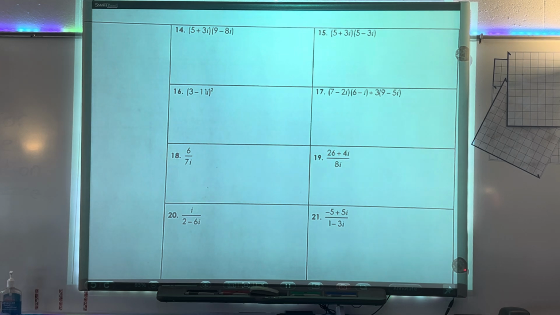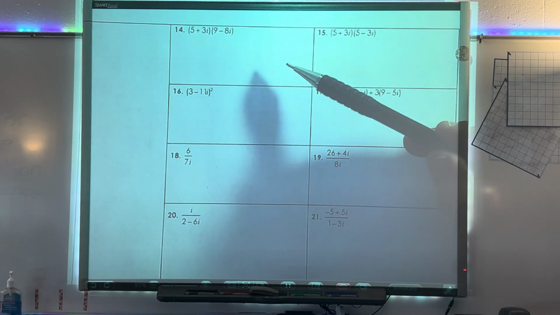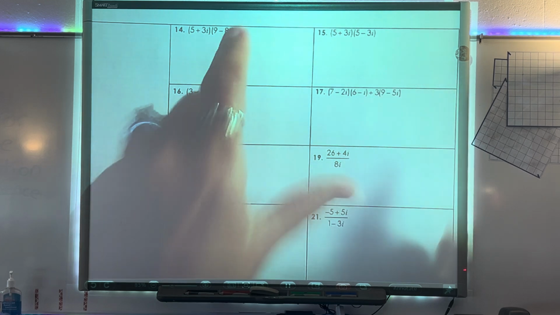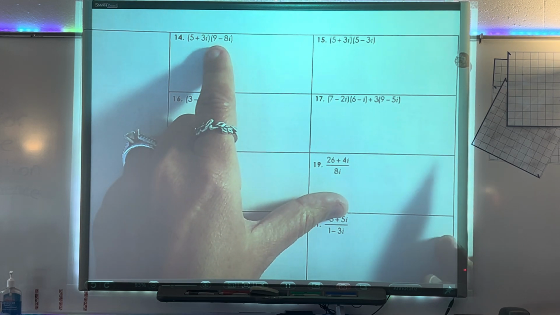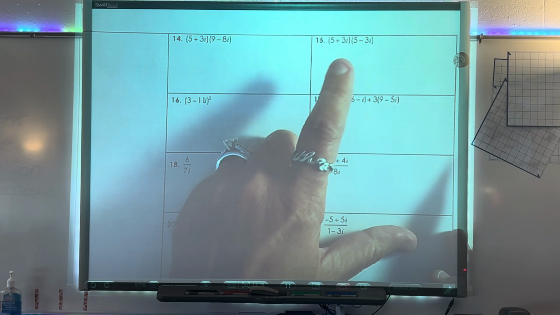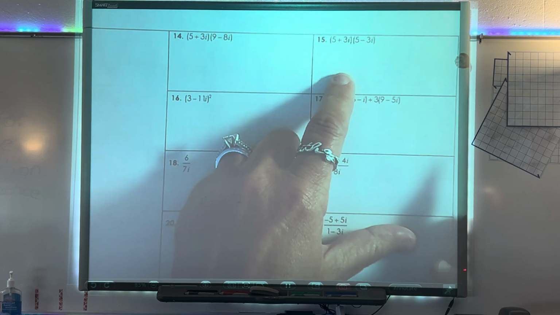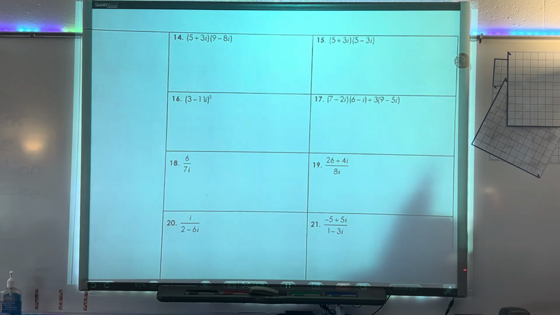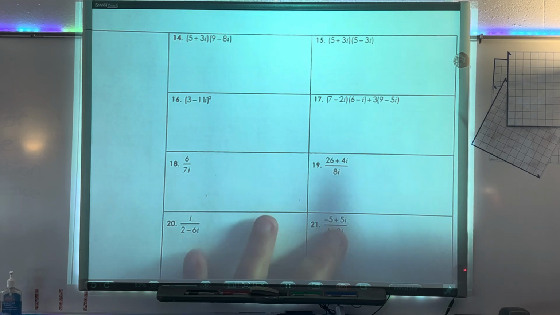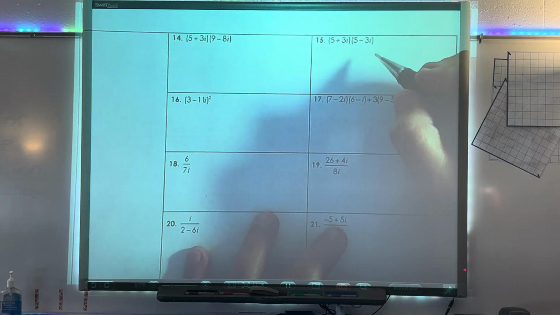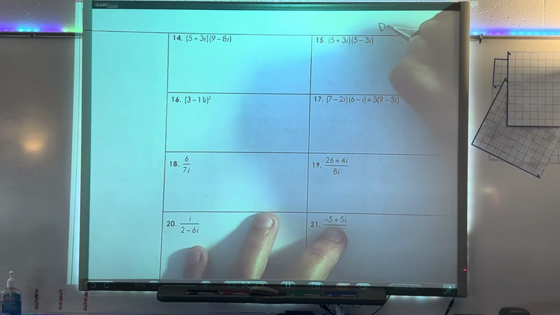Okay. Alright, this one right here is pretty much just like what we did on that last one. This one's a difference of squares where the center is going to cancel. Are y'all okay with that? That this is going to cancel? Yes. You recognize that?